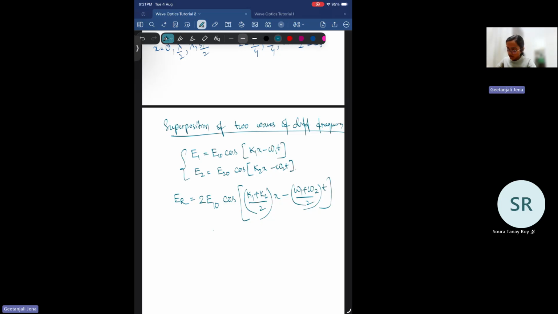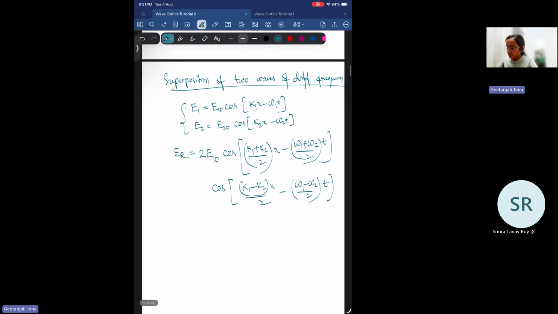times cos((k1 minus k2)/2 x minus (omega 1 minus omega 2)/2 t).